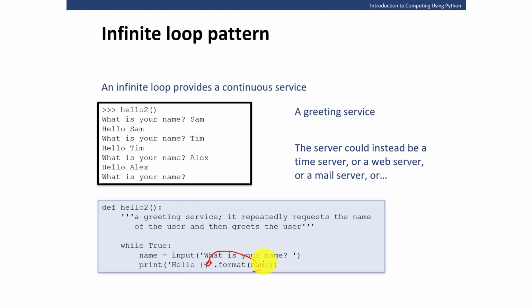But the question is how we can stop this infinite loop. To stop it, we should break it, or more precisely, interrupt it. We can do that by typing Control C simultaneously using the keyboard.